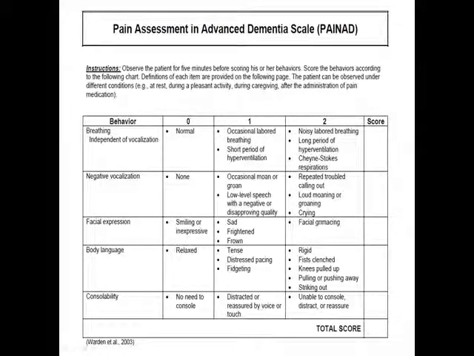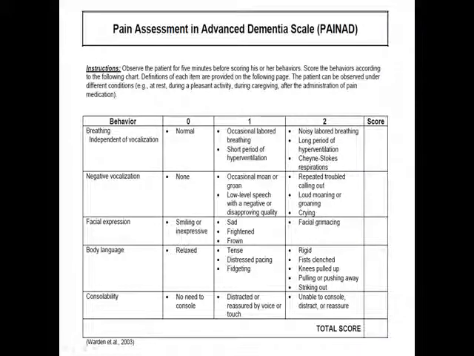Then the score is added together and you get a score somewhere between 0 and 10. This scale has also been found to be reliable and valid in hospitalized post-orthopedic surgery older patients that are cognitively intact. That was in 2008. And more recently, in 2011, one study validated it in nonverbal ICU patients.